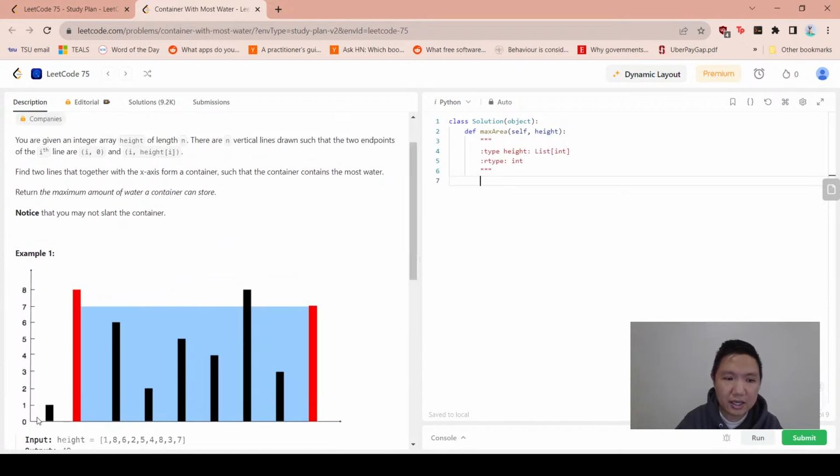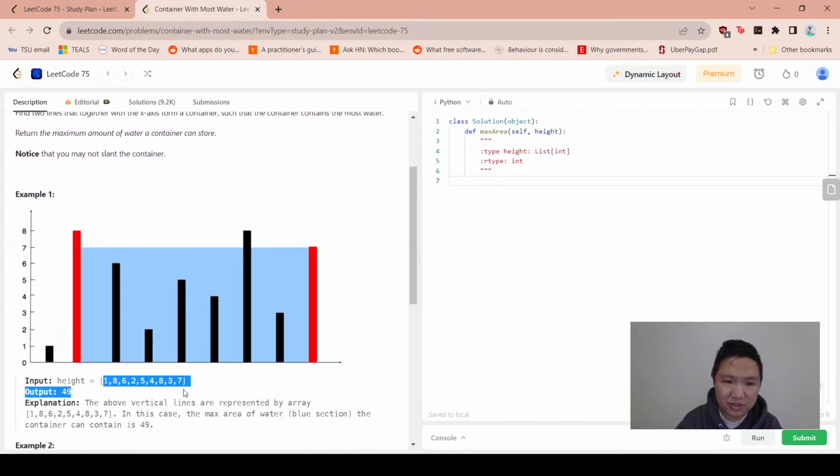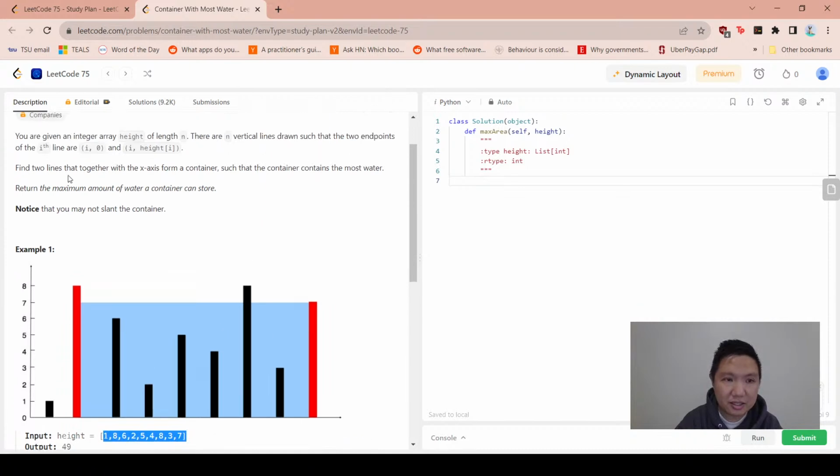So I see. It's a one-dimensional array which contains a bunch of numbers, and these numbers represent the water level. Okay, find two lines that together with the x-axis form a container such that the container contains the most water. Return the maximum amount of water a container can store.